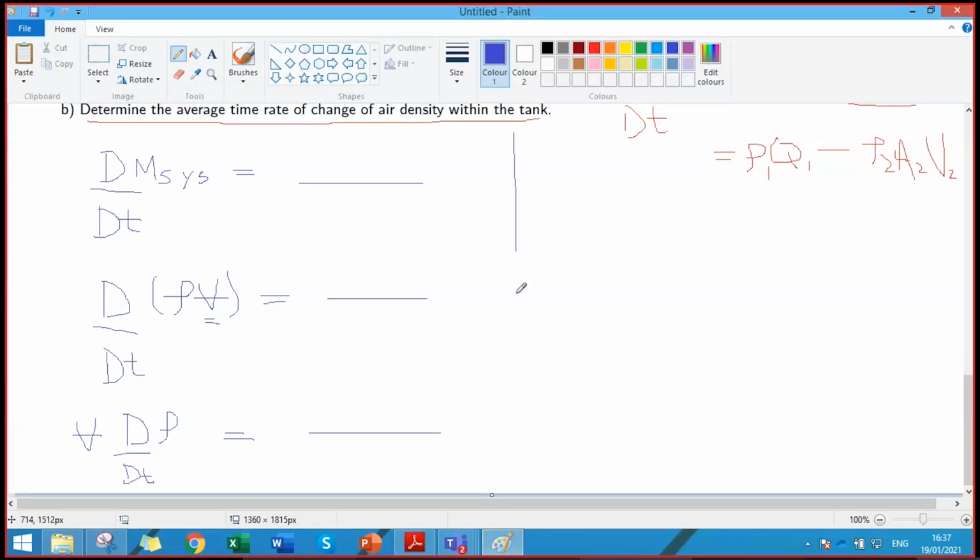So d rho by dt is basically equal to dm system by dt, and this whole divided by the volume of the tank. Clear? Any question in this problem?